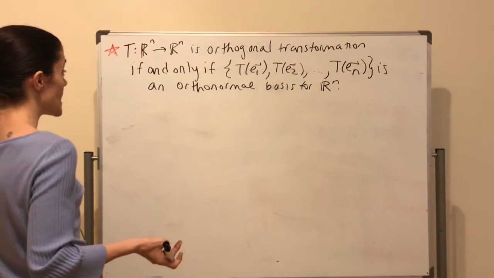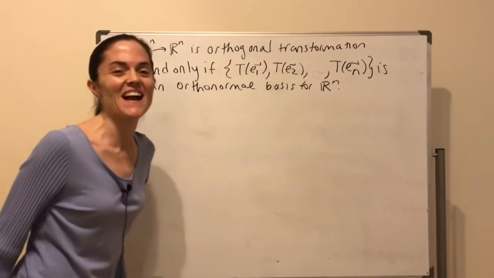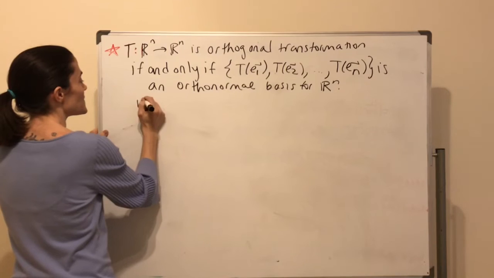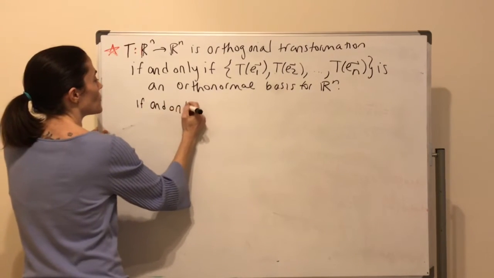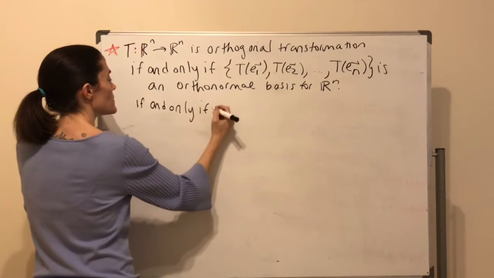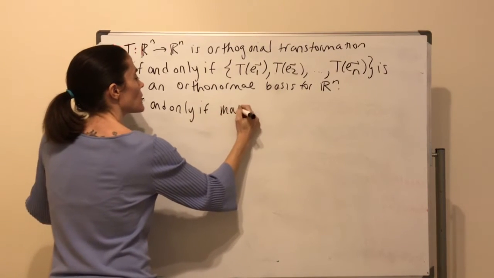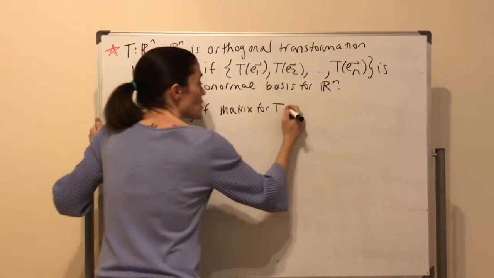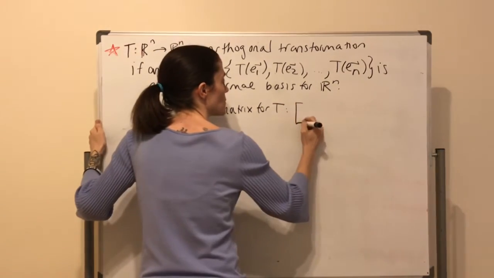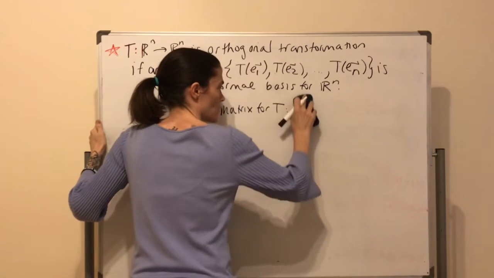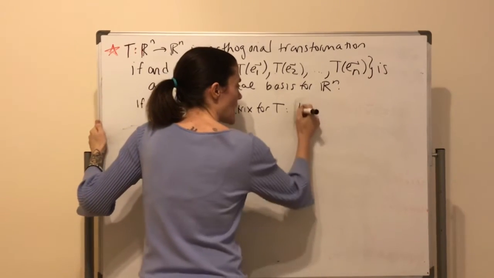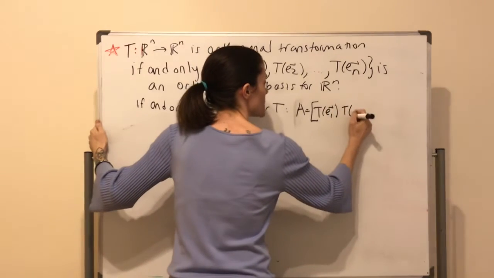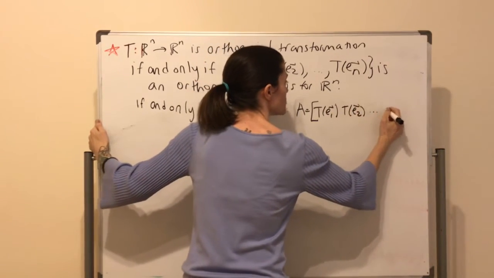Now what do I want to say next? Oh yes, we want to go back to the matrix, because this is if and only if the matrix for T, which we know, is A, with columns T of E1, T of E2, out to T of En.